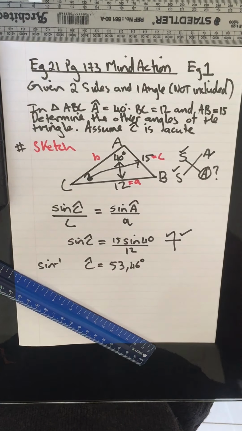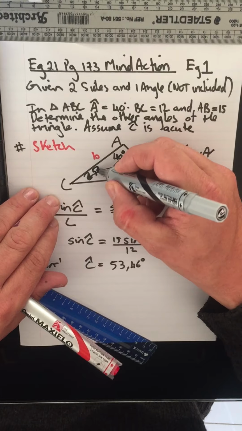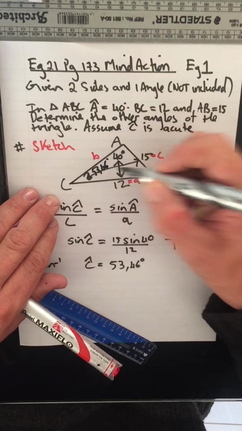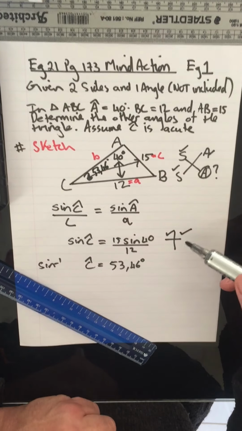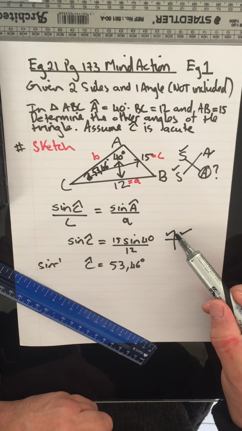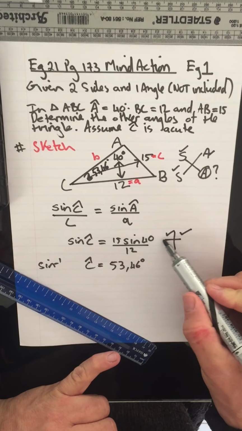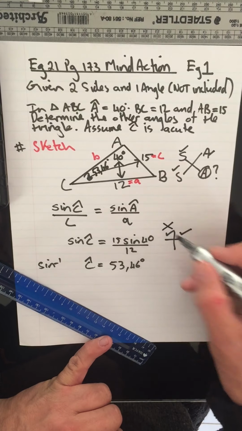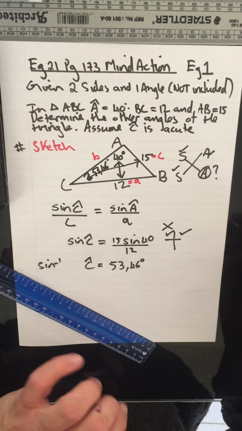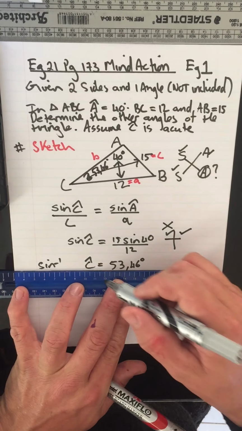Let's fill that in. 53.46 degrees. And since it mentioned that C was acute, we do not need to do the 180 minus reference. And there's our answer.